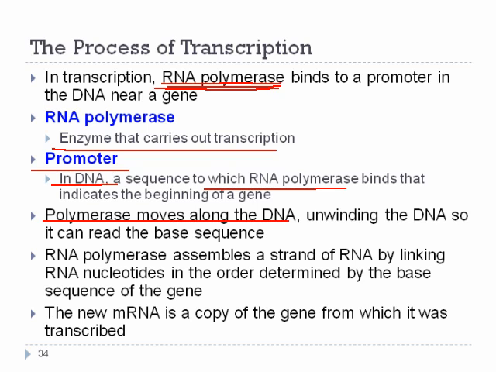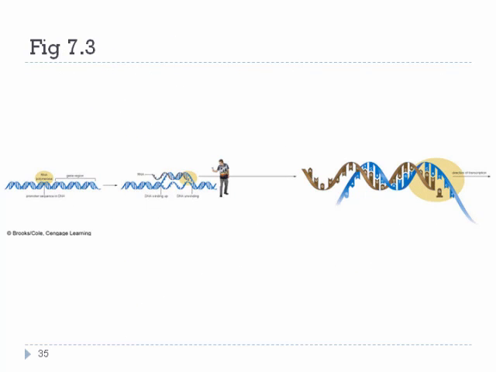And then the polymerase moves along the DNA, it unwinds the DNA, and it fills in the RNA by linking those nucleotides in the order determined by the template strand. And the only difference from our previous example is that instead of T, it places U. So this new mRNA ends up being a copy of the gene.